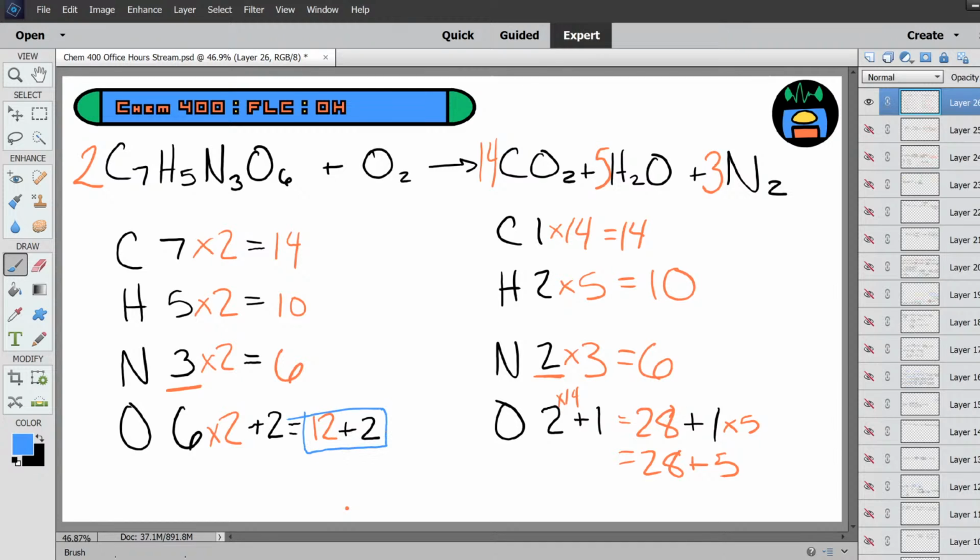All right, last element to balance here. We've got 12 plus 2 on our reactant side, 28 plus 5 on our product side. Now we need to multiply O2 by some number, n, so that 12 plus 2 times that number is equal to 28 plus 5.